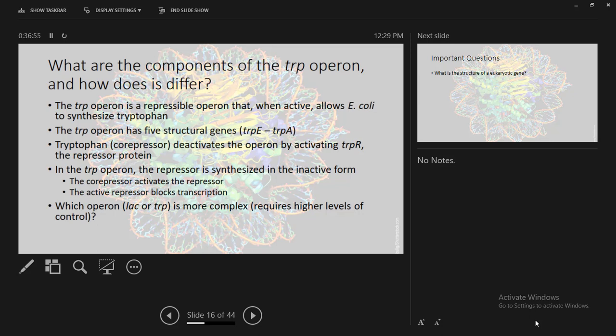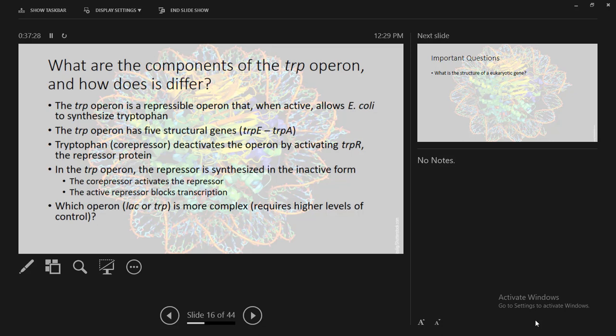Okay, what do we think? Which one's more complex? Which one has higher levels of control? What's interesting is the lac operon is not on even when the repressor is not active, right? When lactose binds to the repressor and inactivates it, it's still not fully on unless you have a second protein called the CAP protein helping RNA polymerase bind.